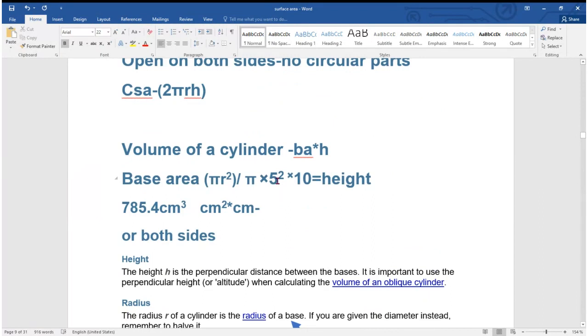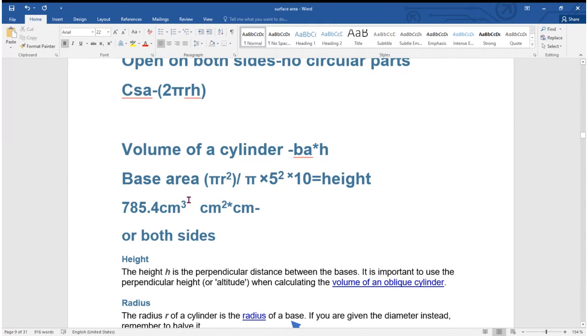The radius is 5 and the height is 10. So how do you find the volume of a cylinder with radius 5 and height 10? You have pi r squared, which is pi times 5 squared, so the radius is 5, and then you multiply by 10. When you multiply, you get the answer as 785.4 centimeters cubed.